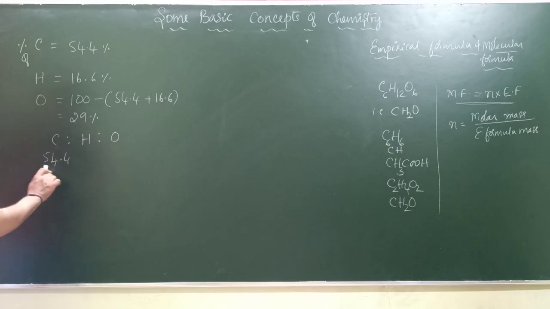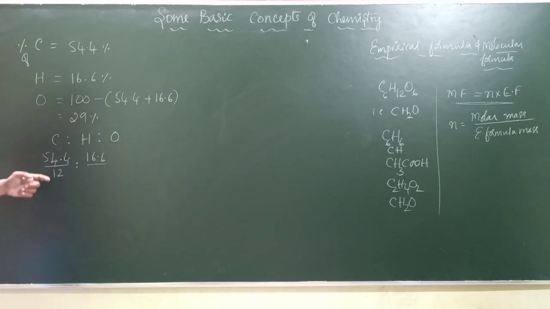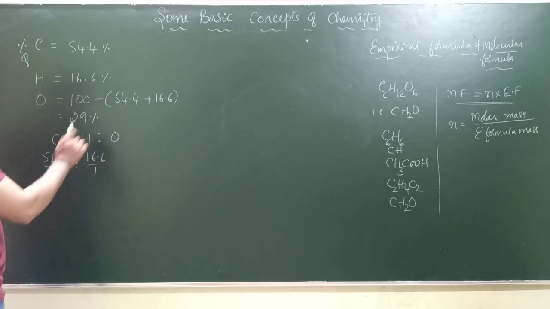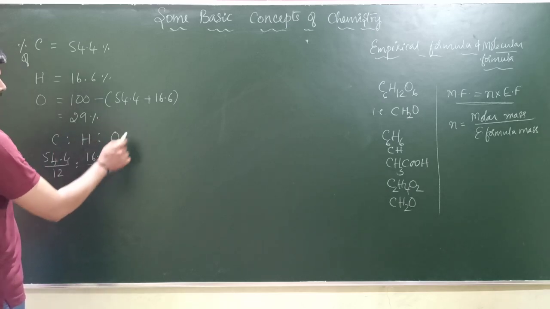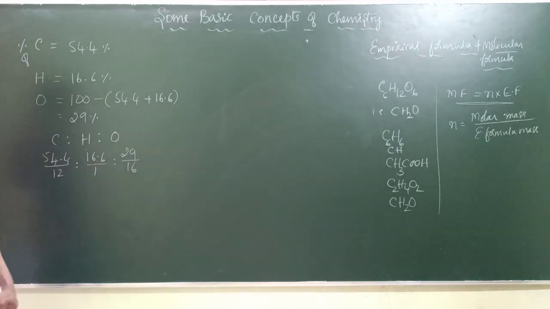54.4 divided by its atomic mass 12, then hydrogen, given 16.6, am I right? Divided by, we are finding out the molar ratio. So 16.6 divided by hydrogen 1, its atomic mass, then oxygen, it is 29 divided by its atomic mass, which is 16.